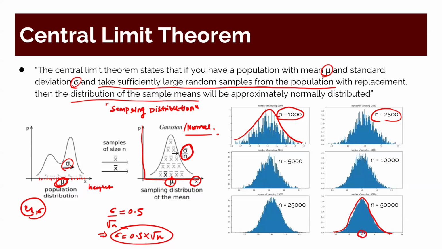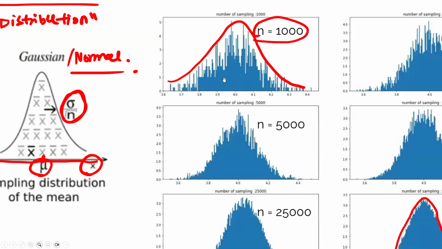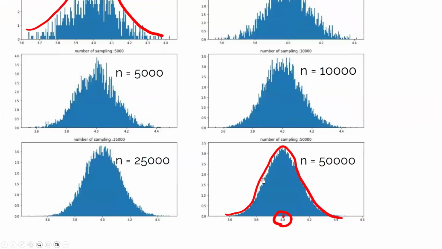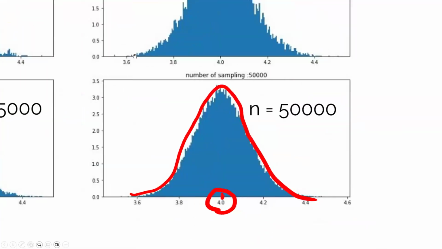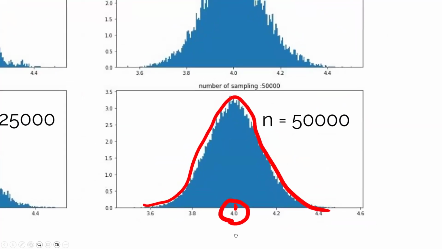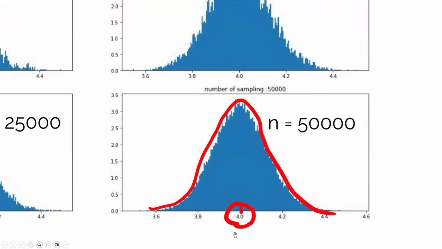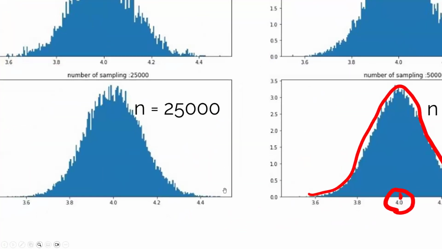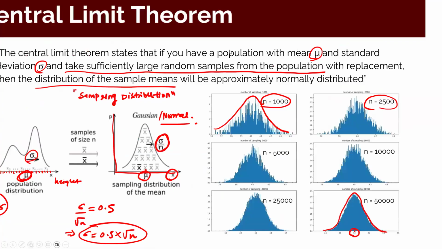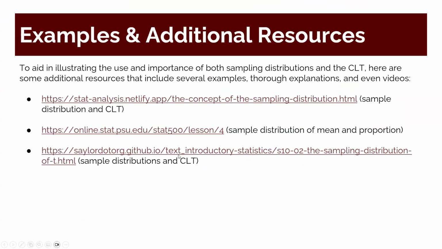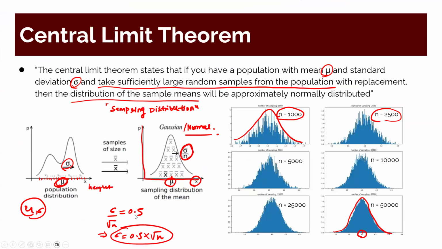And this 4.0 is your mean. So let me see if I can zoom in. This 4.0 is your mean, right? And whatever the standard deviation of this distribution is, whatever sigma over square root of n is, let's say 0.5, then you can find the sigma for your population.